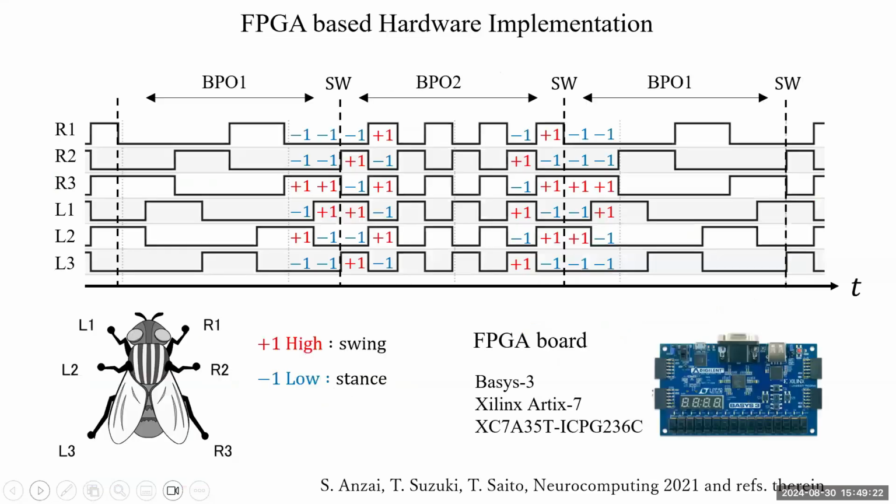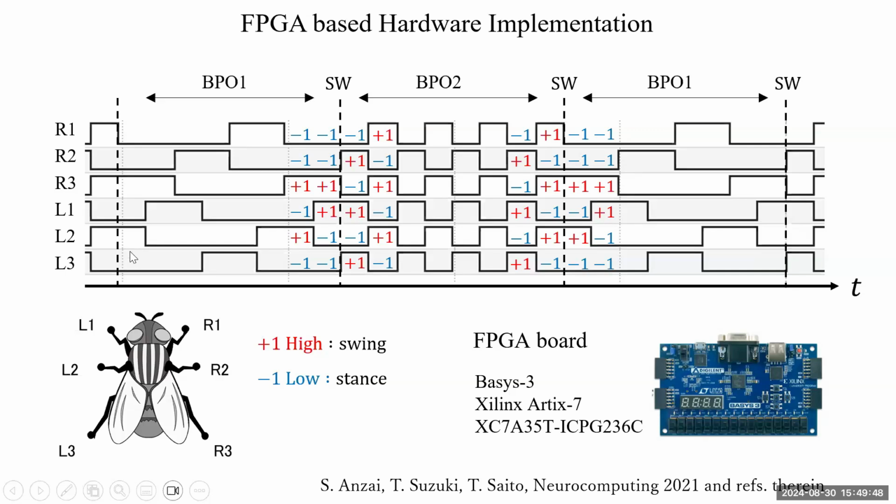We briefly explain the application to the walking robot. This is a BPO, binary periodic orbit, measured on an FPGA board, a simple experiment. BPO1 has period 6, BPO2 has period 2. And this is a 6-dimensional binary vector, a periodic orbit of binary vectors.